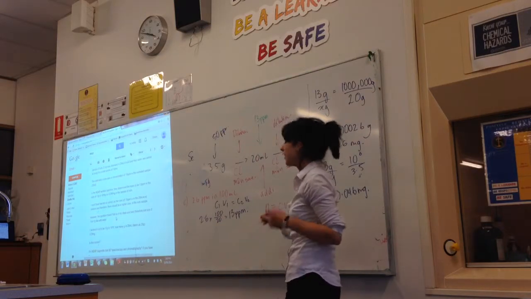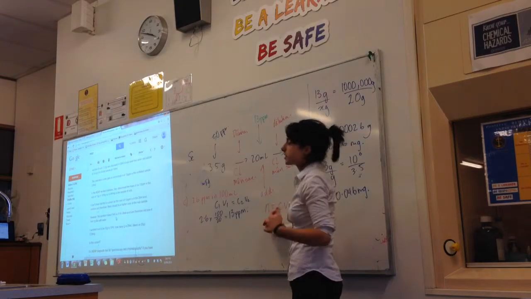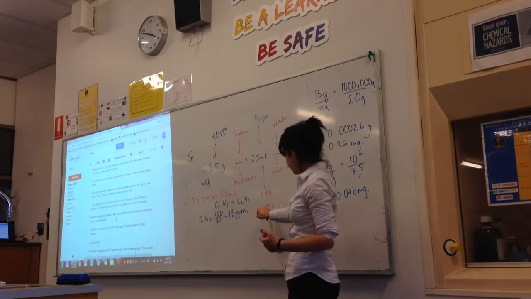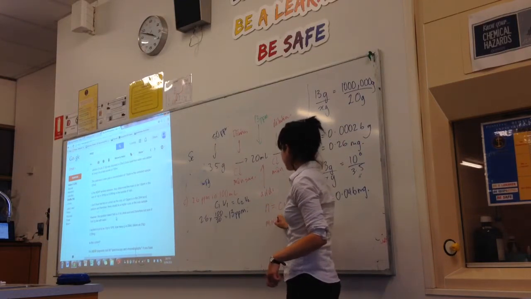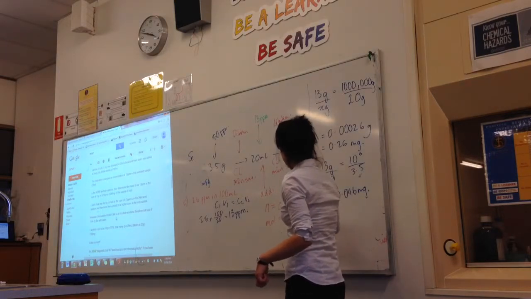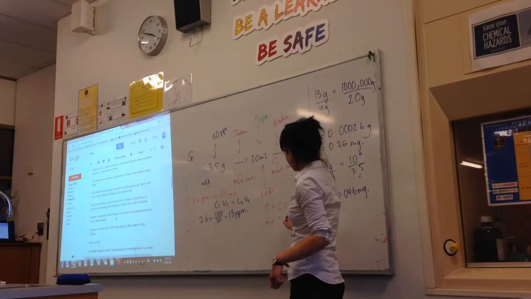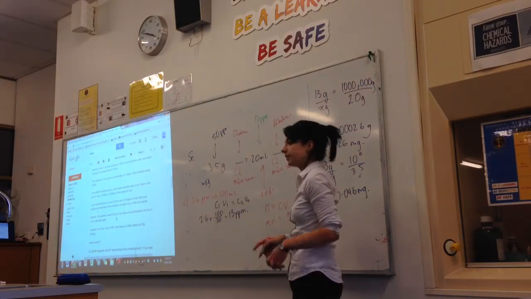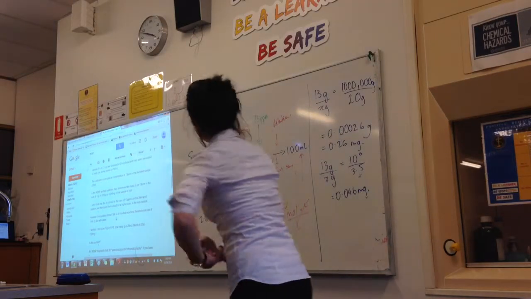I was saying that to use N equals CV, the units of concentration have to be in mole per litre, and the units of volume have to be in litres, because they cancel out and give us mole. Yeah, that's a bit different. But do you get that?